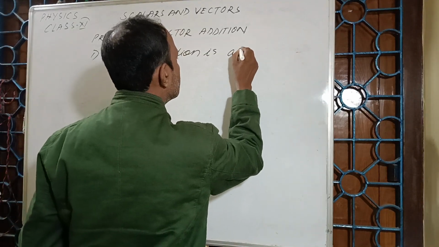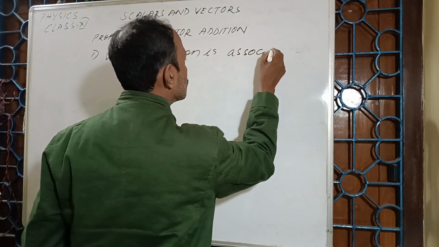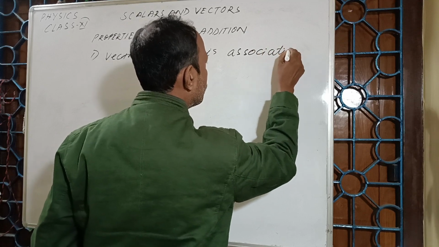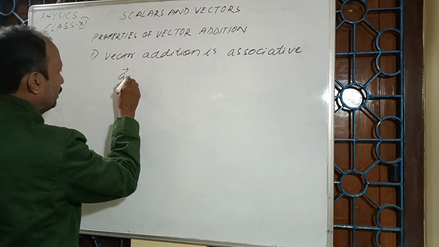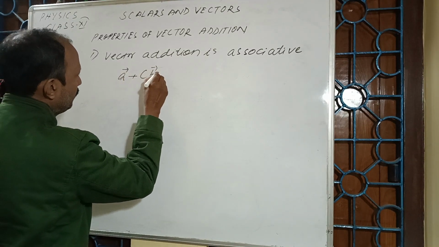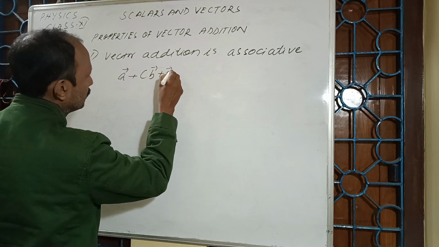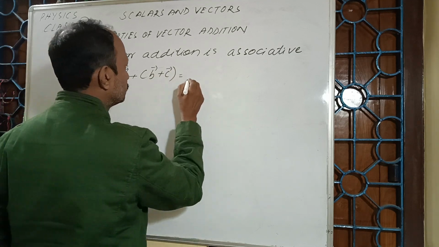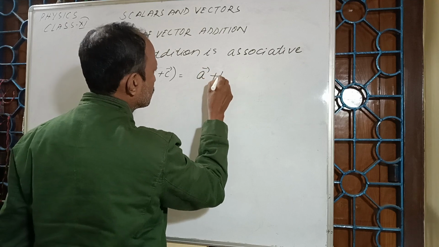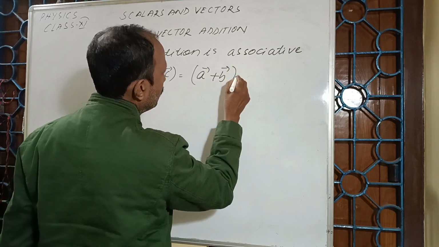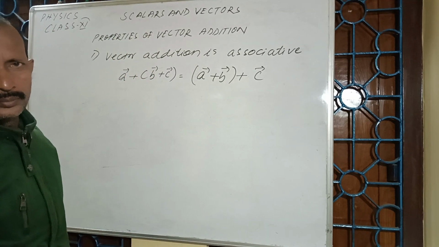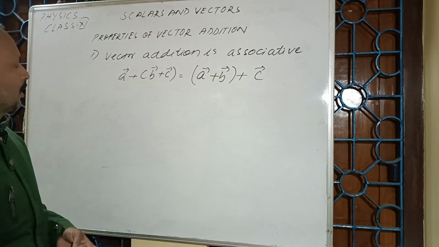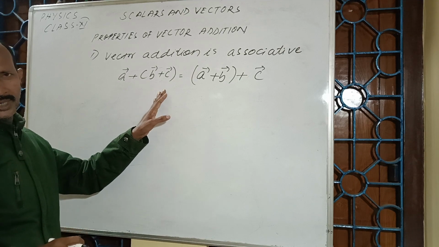Vector addition is associative. So I can write like this: A plus B plus C is equal to A plus B plus C, with the pairing differing. Here, the pairing does not matter.